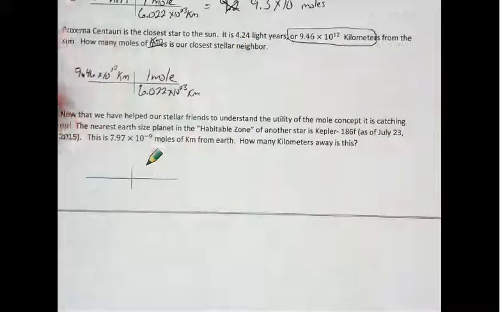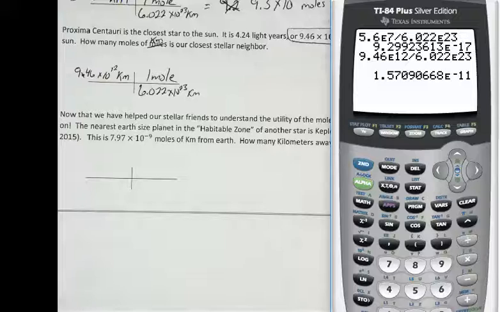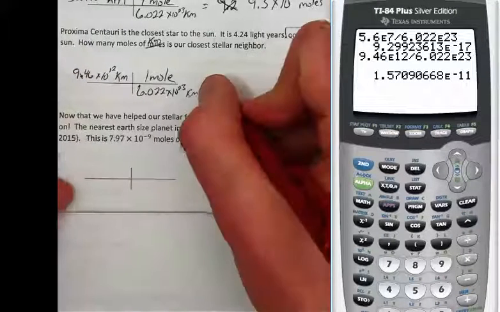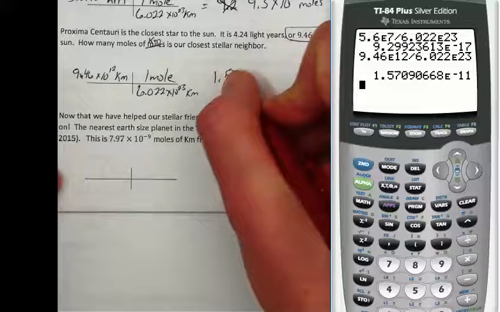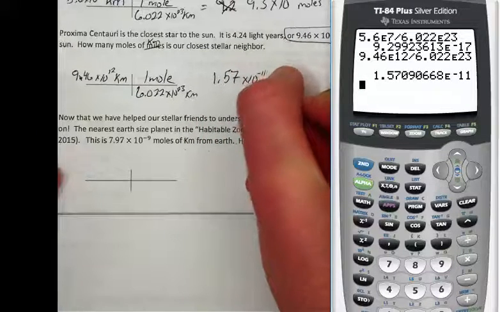So again, we're just going to plug into our calculator 9.46 second comma to the 12th. Divide that by 6.022 second comma to the 23rd. Our final answer should be 1.57 times 10 to the negative 11th moles.